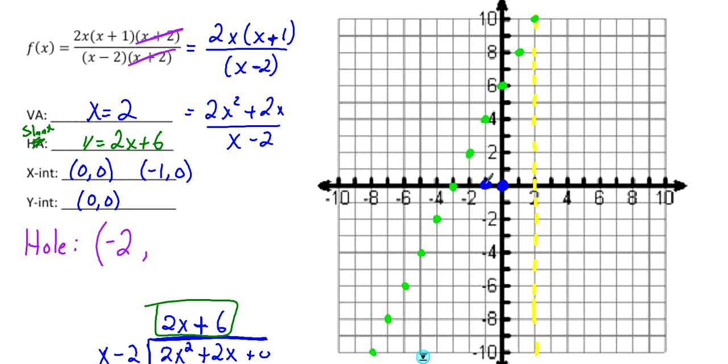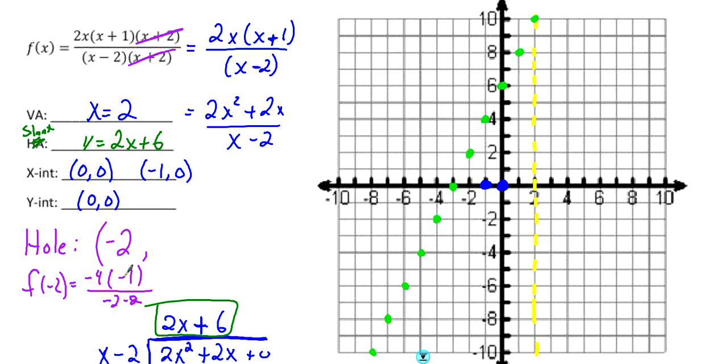And then my hole, which is at -2, we've got to figure out where that hole is going to be. So we're going to plug -2 into my function. So we get -4 times, so -2 plus 1 is -1, over -2 minus 2.